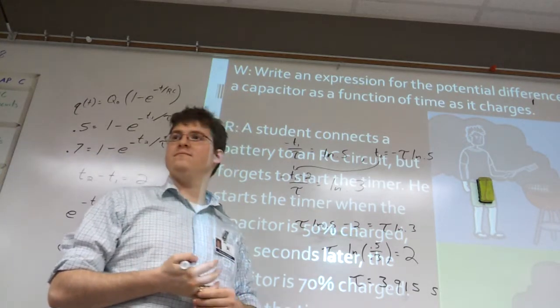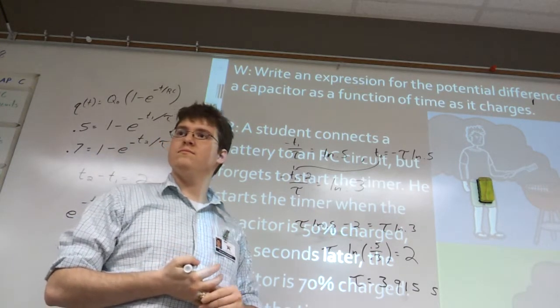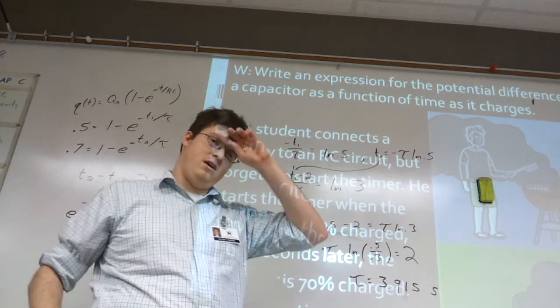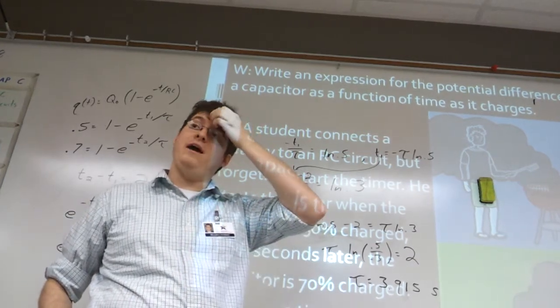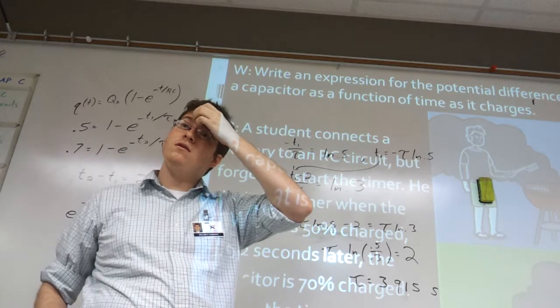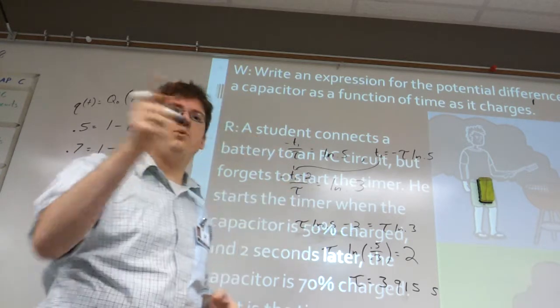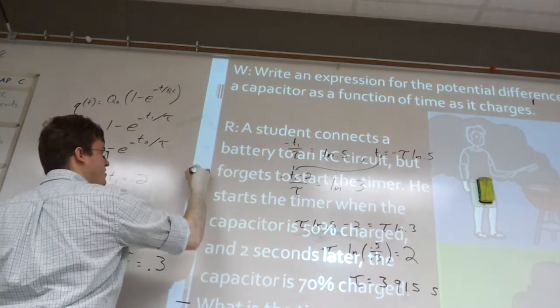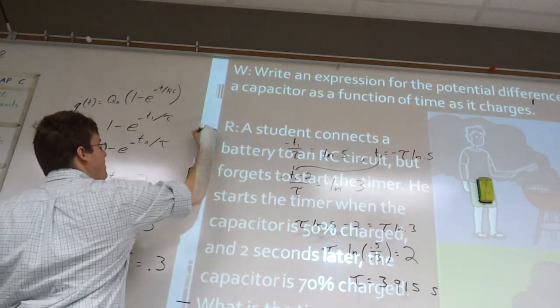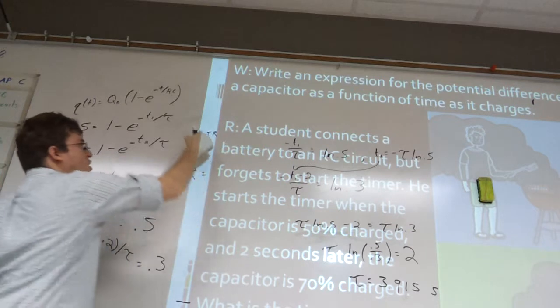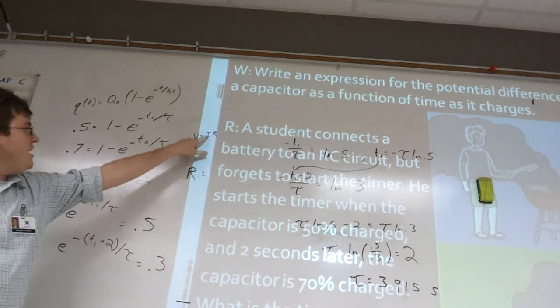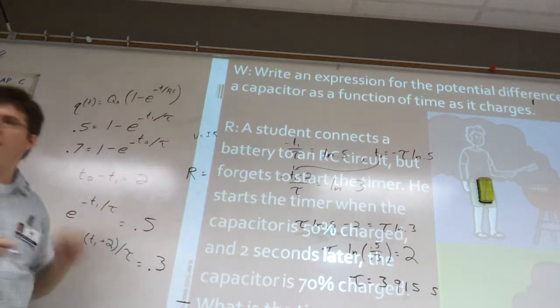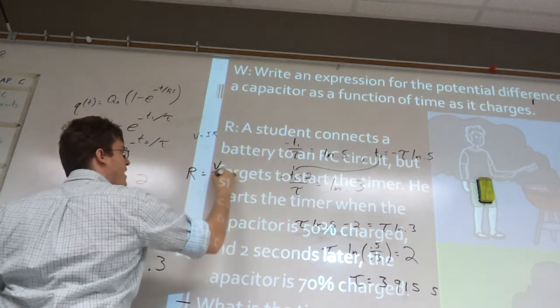Wait, what is the resistance? What is an ohm? It's a volt per amp. Let's see, V equals IR, so resistance is a volt per amp.